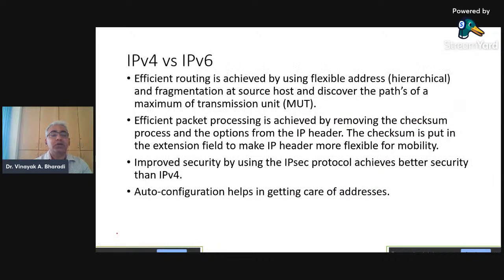That is why IP version 6 is preferred over IP version 4, and it is now slowly getting adopted by many of our internet deployments, including IoT and non-IoT, everywhere. Because now IoT is not anything separate. It is simply the internet of things.